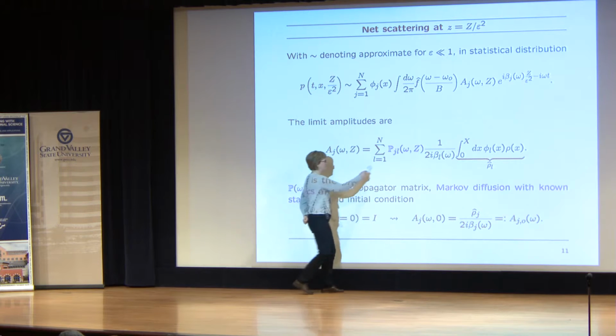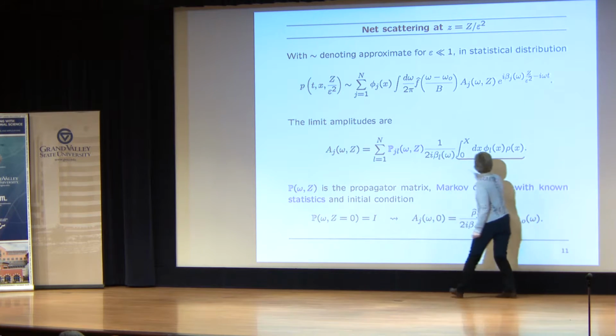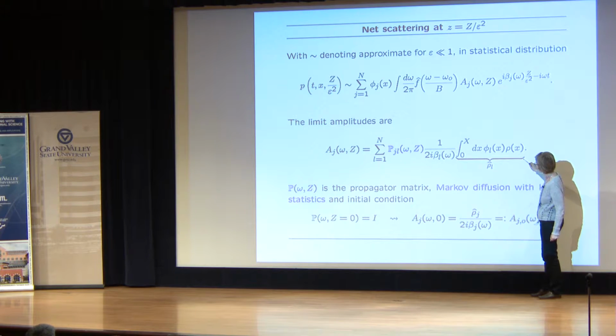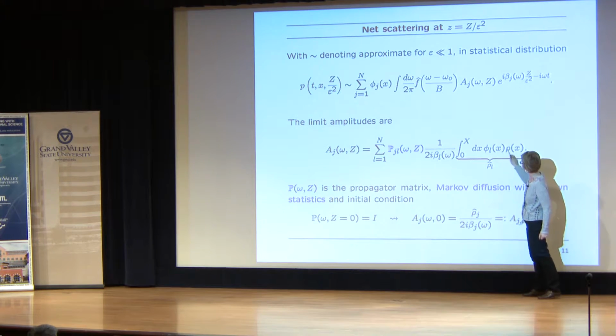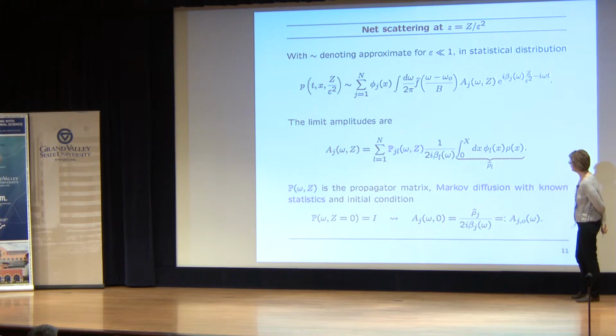So I write it here this way. This is where the source information is. This is the source density, and it appears here as the Fourier coefficient of the source density, because it's the density integrated along these functions phi, which are just the trigonometric functions.